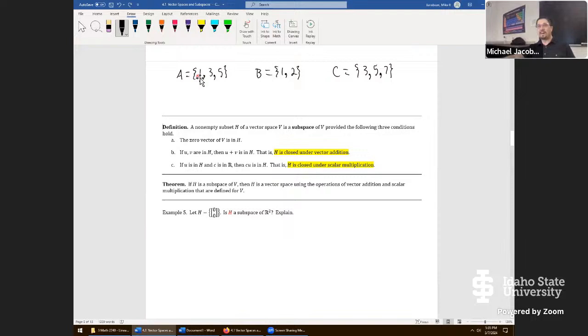Almost. It has one in common, but you're thinking along the right lines. When you think of subset, we're just seeing if every element inside B also belongs to A. But because of the 2, we can say B is not a subset of A.